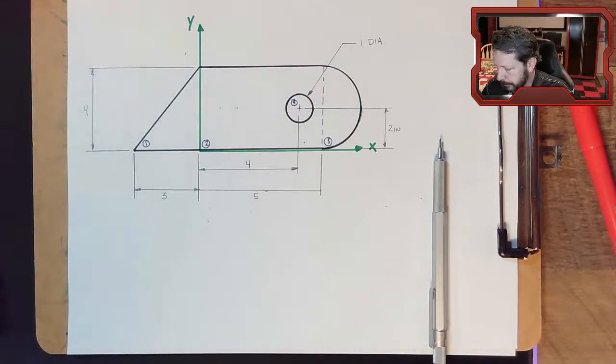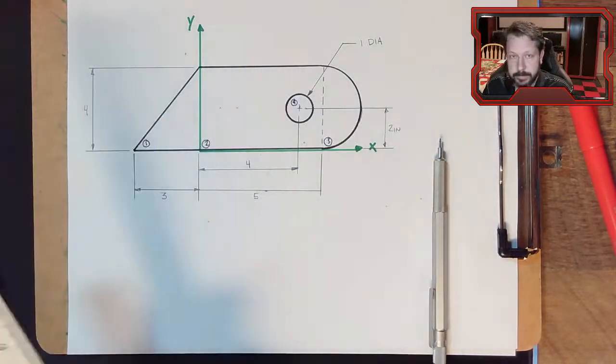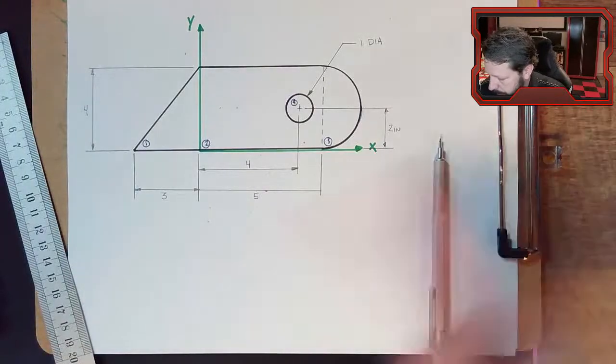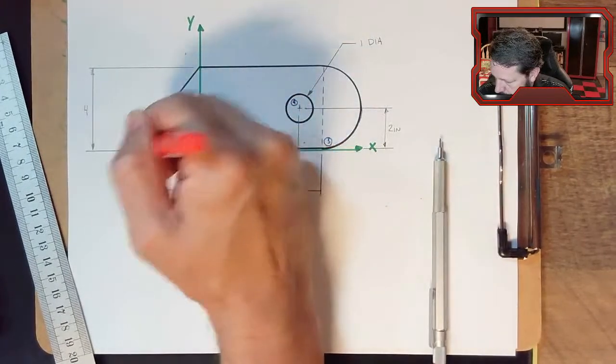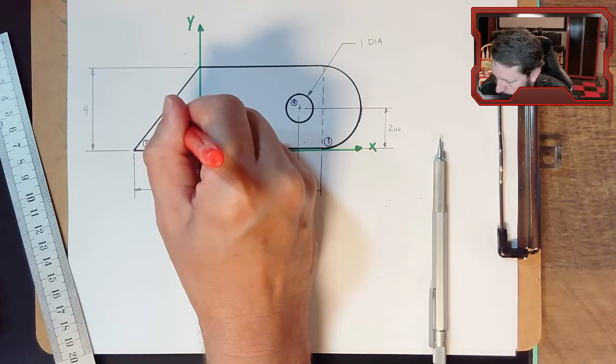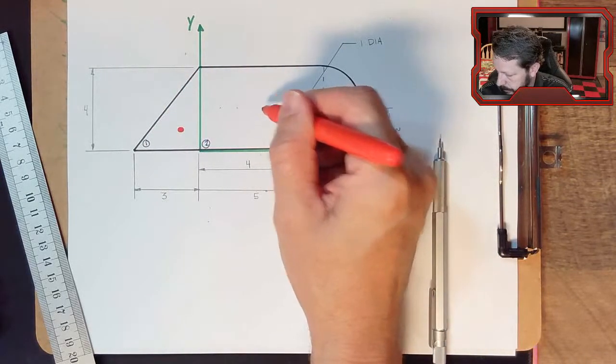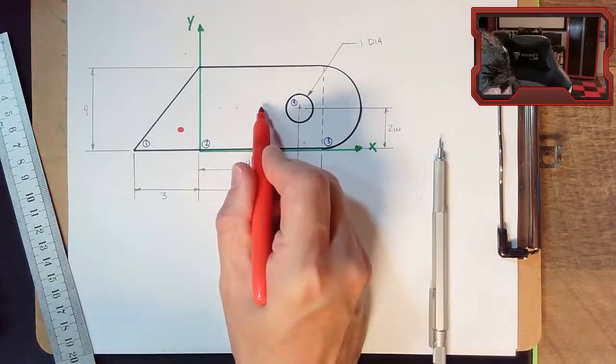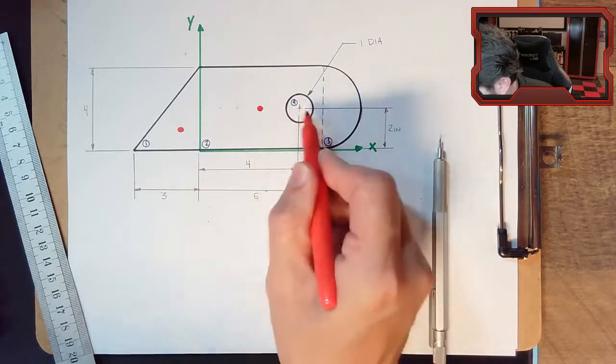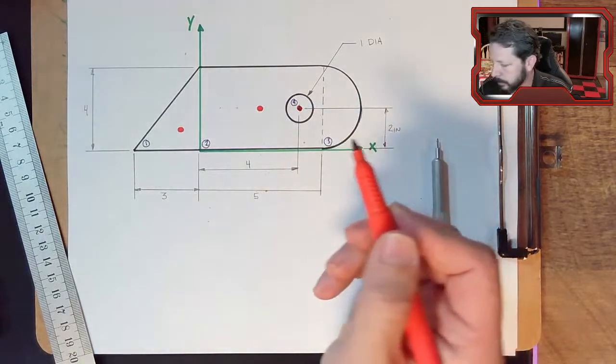Then I would go in and mark where I think the centroid of each part is. I might say that the triangle centroid is somewhere over here. The rectangle is right in the center of it, so somewhere right there. The circle is at its center.